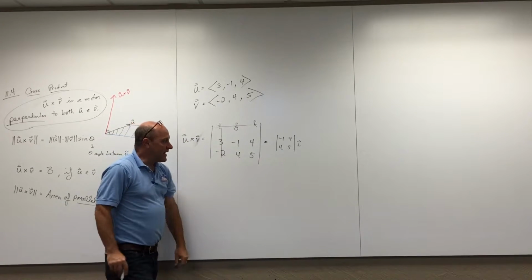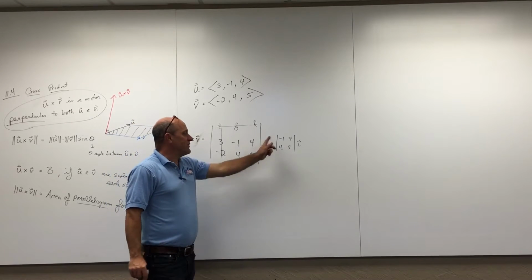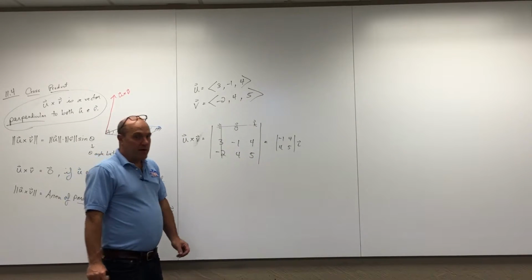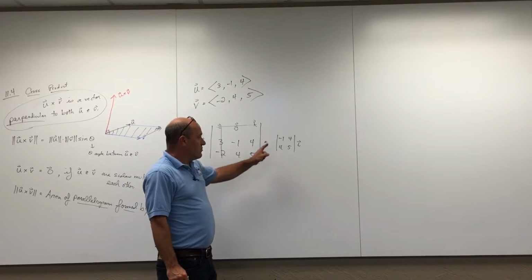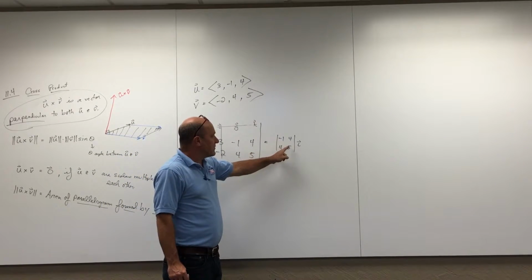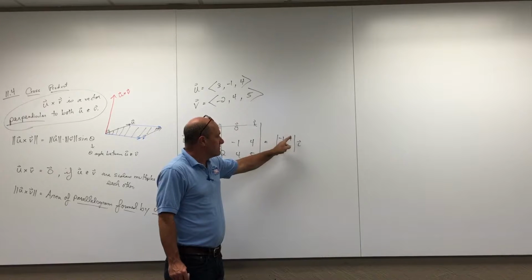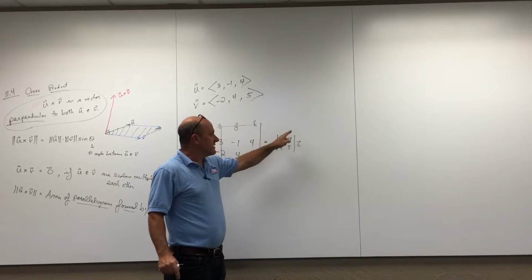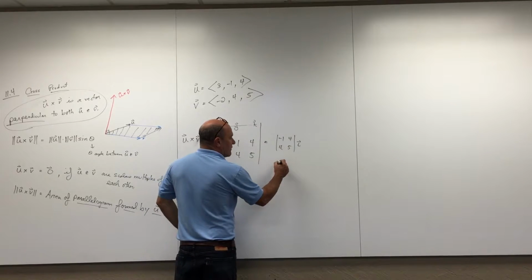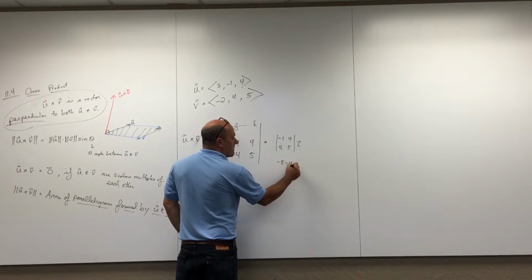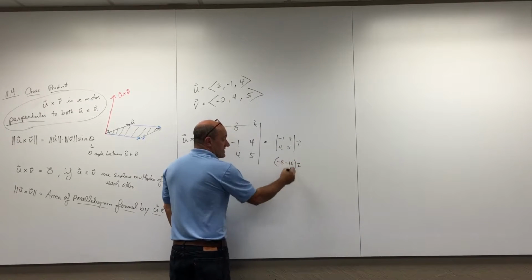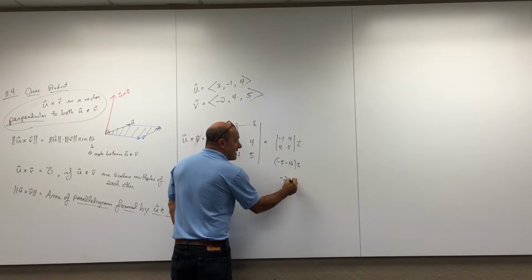Now, let's pause a second. Do you know how to do a little 2 by 2 determinant? They're the easiest one. But you've got to remember how to do it. You multiply this diagonal and subtract that diagonal. So it's -5 minus 16. I'll write that down for you. Times i, so that's -21i.